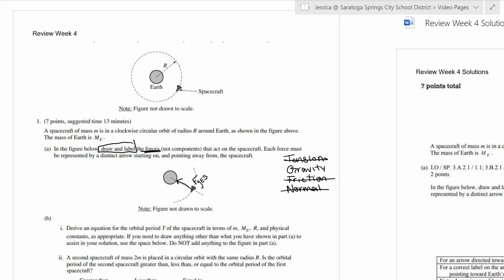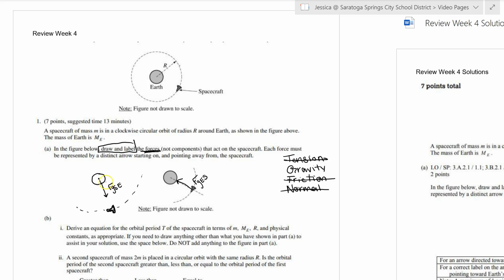And we don't include net forces or total forces on free body diagrams, just the individual forces acting on the object. One thing that I also want to include here is if the question had asked me to draw the force acting on the Earth from the spaceship, it looks more like a fish than a spaceship, but it's okay, I would need to draw an arrow in the opposite direction, but the same magnitude.